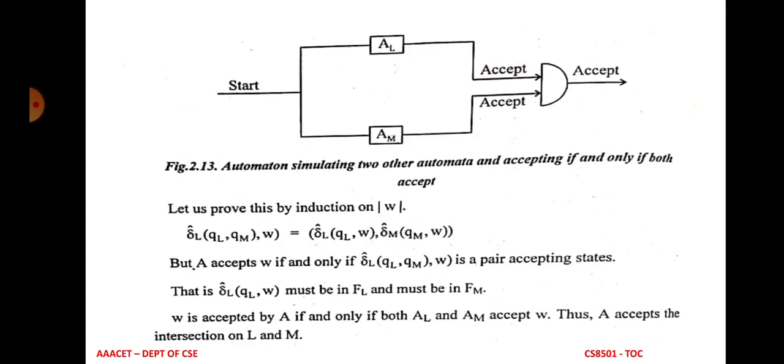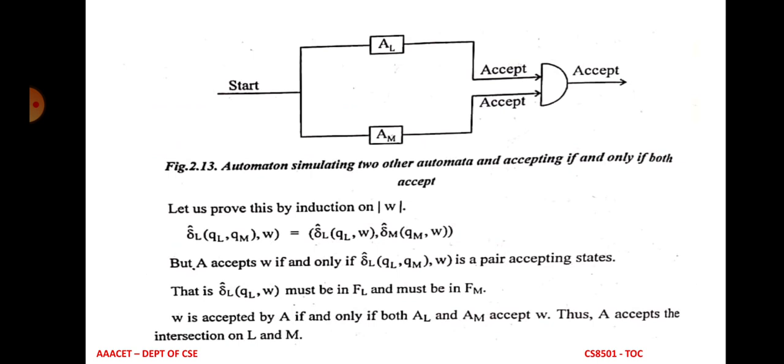So A accepts W if and only if both the transition functions of AL and AM, that is del cap of L of QL comma W must be in FL and del cap of M must be in FM. So W is accepted by the finite automata capital A if and only if both AL and AM accept the input string W.